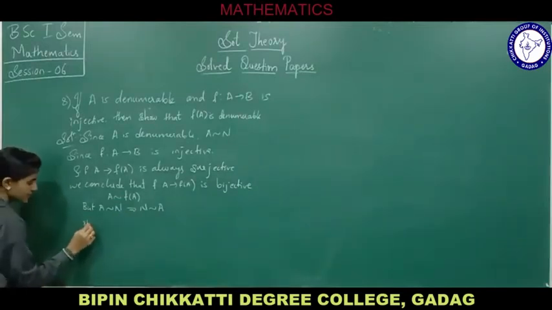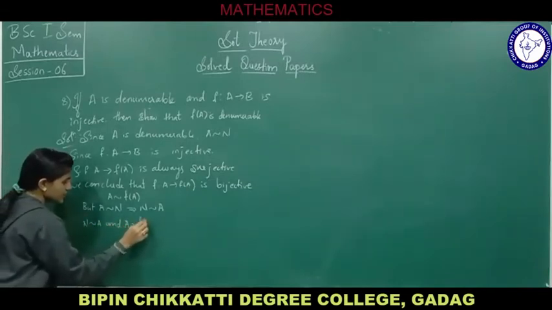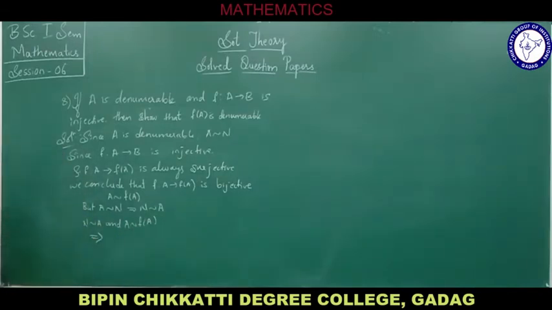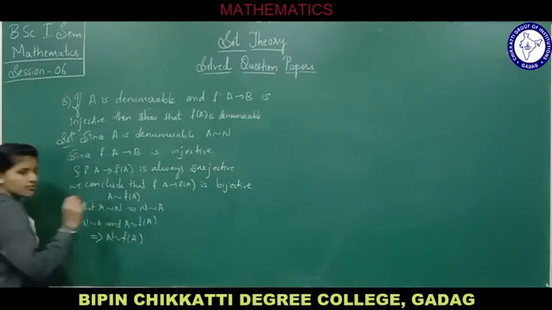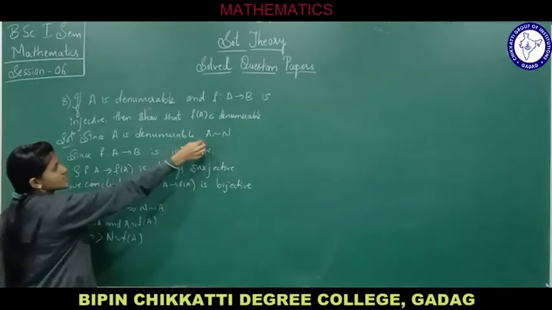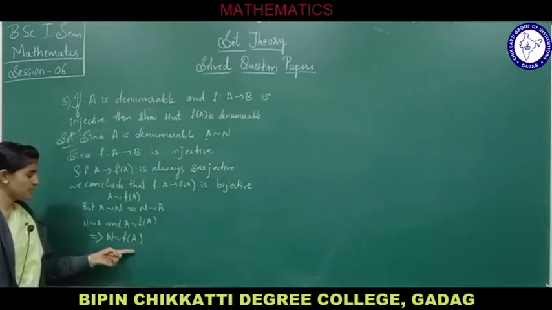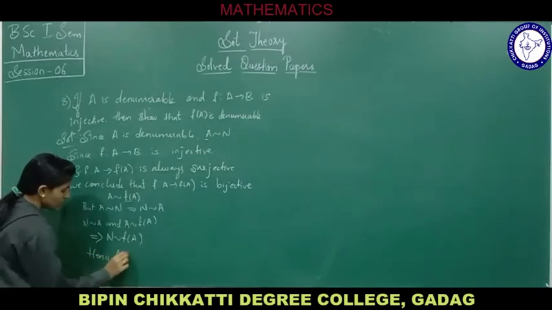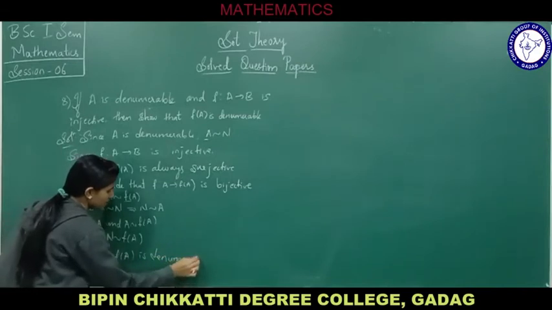N is equivalent to A and A is equivalent to f of A. This implies N is equivalent to f of A. Hence f of A is denumerable.